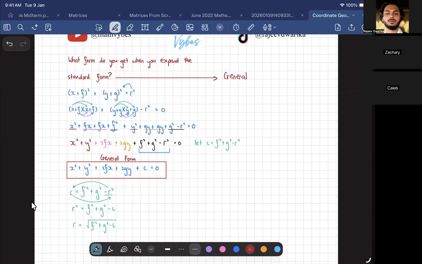So question, guys, if they give you the general form and they ask you to write that in the standard form, all you would have to do is what?